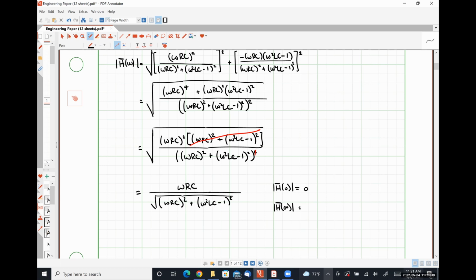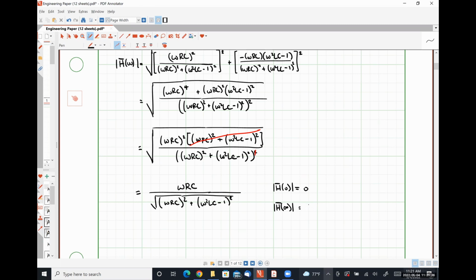We're going to have an infinity to the 4th power from this guy, right? When we square that guy. So we're going to have infinity over the square root of infinity to the 4th power, which is going to look like 1 over infinity, or 0.